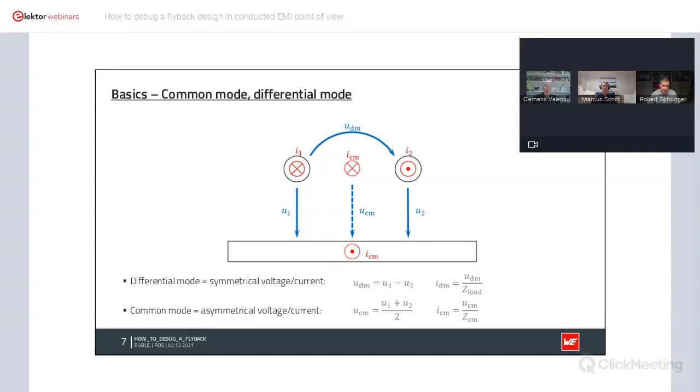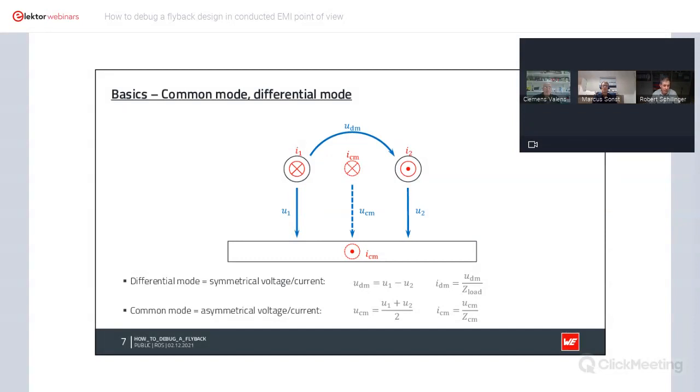This current is flowing in the same direction, and to close a current loop, because if you have no loop, no current can flow, we need a way back for the sum of both currents, and this is the return path. It could be the earth, for example. It must not be a conductor. It can also couple by capacitive coupling to the earth and come back over the earth to the load.